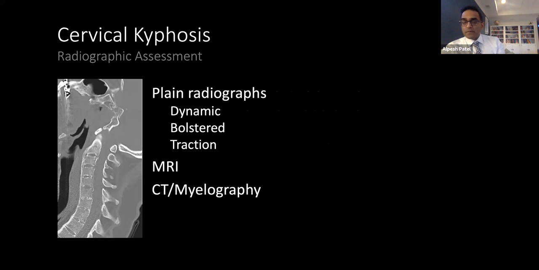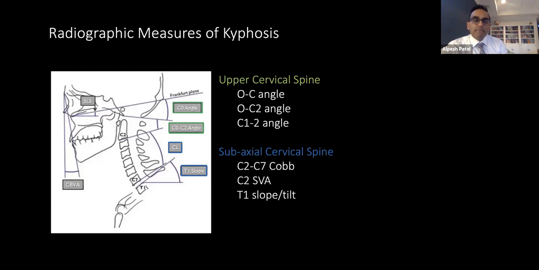Traction films can sometimes be helpful, especially in degenerative kyphotic patients. And then we've got our advanced imaging like MR and CT myelography. And we talked a little bit about this with Dr. Koski's talk in how we use radiographs to assess flexibility of curves. And we're going to get to that in just a minute.